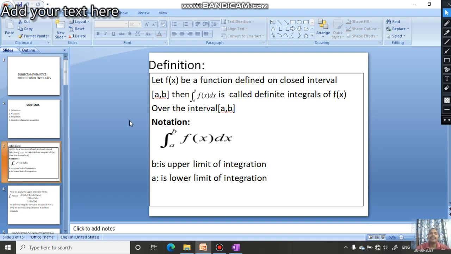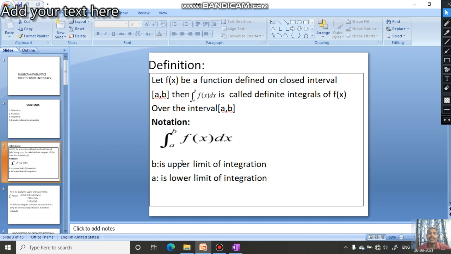Then the definition of the definite integral. Let f of x be a function defined on a closed interval a comma b. Then we write this a to b. A is the lower limit of the integral and b is the upper limit of the integral, and f of x d of x is called the definite integral of f of x over the interval a comma b.